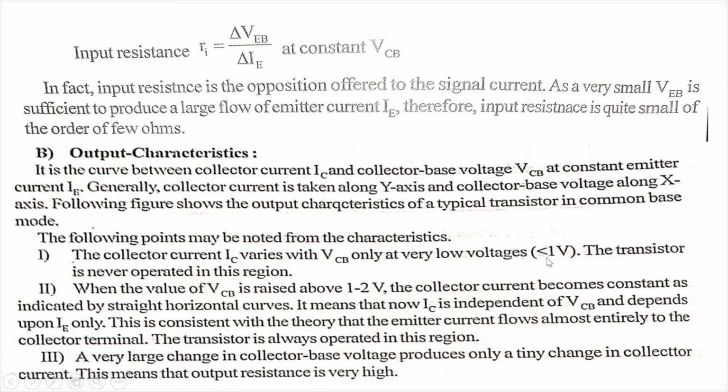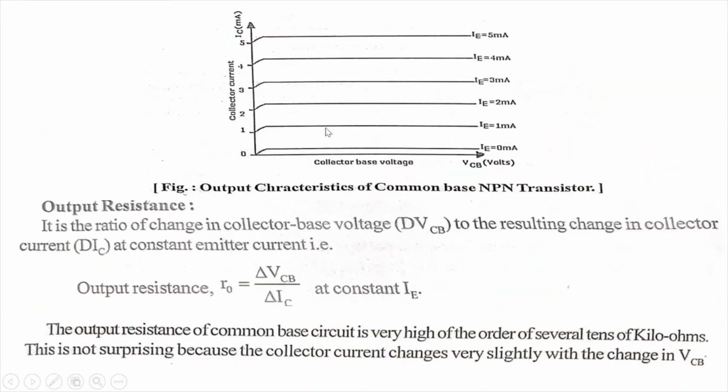That is, voltage is less than 1 volt, and the transistor is never operated in this region. Now when the value of VCB is raised above 1 to 2 volt, see in figure, when this voltage VCB is varied above 1 to 2 volt, then what happens?